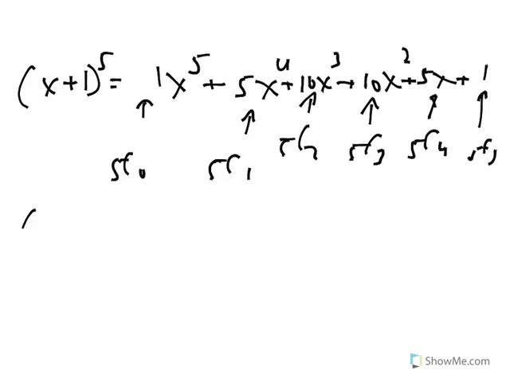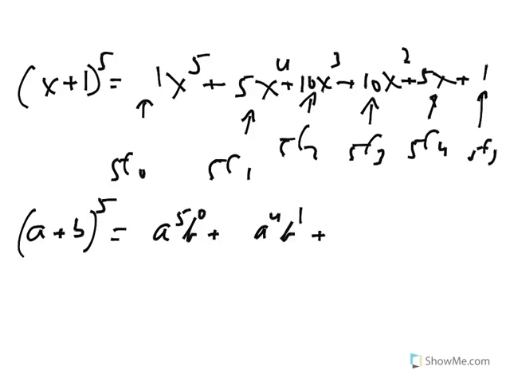One thing we can do with this now: more generally, if I raise something to a power, the variables are going to go like this. The power on the a is going to go down. The power on the b is going to go up.